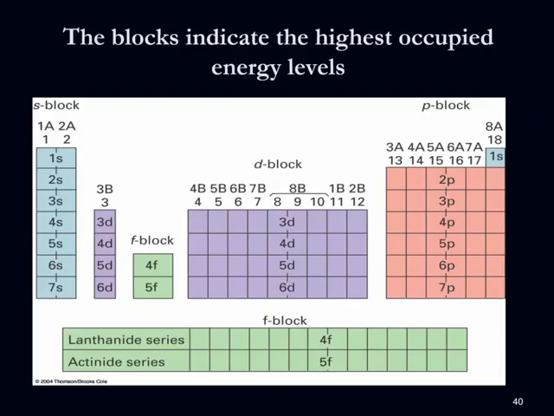All right, so let's look really quickly at this, your periodic chart of the elements. It looks a little bit different than what you've looked at before. We don't actually show you any of the elements that are in there, but we're trying to highlight the energy levels that the electrons will hold in their highest energy levels. So for example, I have 1, 2, 3, 4, 5, 6, 7.